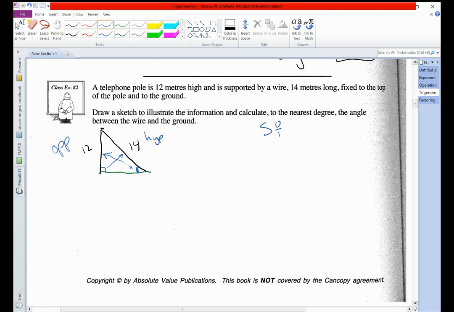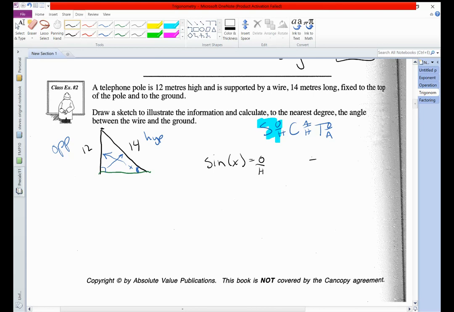So we're dealing with the opposite and the hypotenuse. And if you look at your SOHCAHTOA ratios, the one that you're going to use is opposite and hypotenuse is your sine. So we can write that down. Sine of X is opposite over hypotenuse.